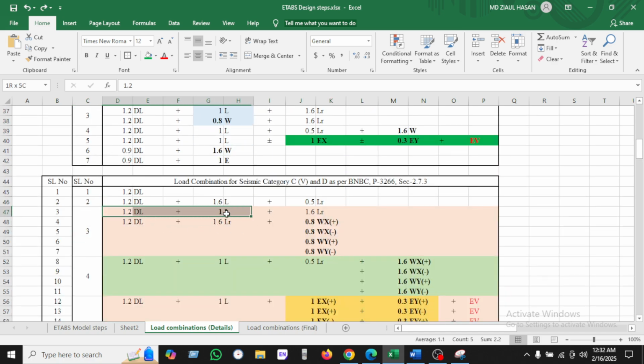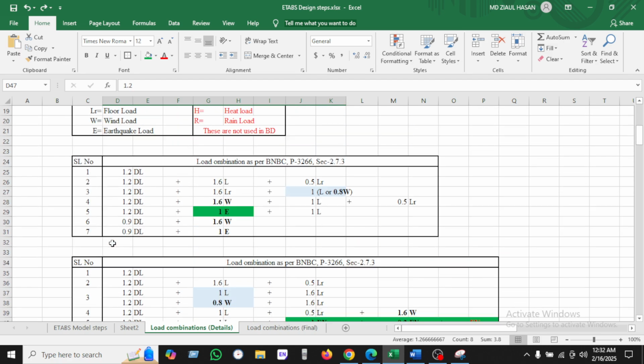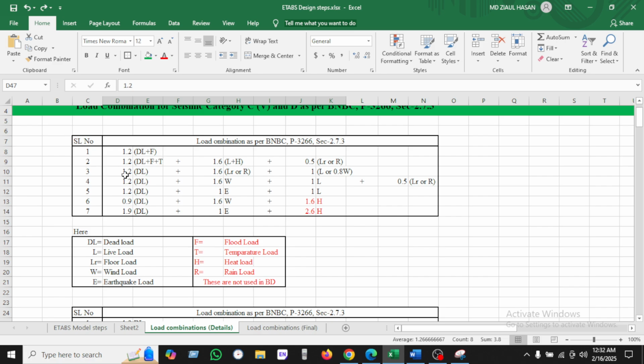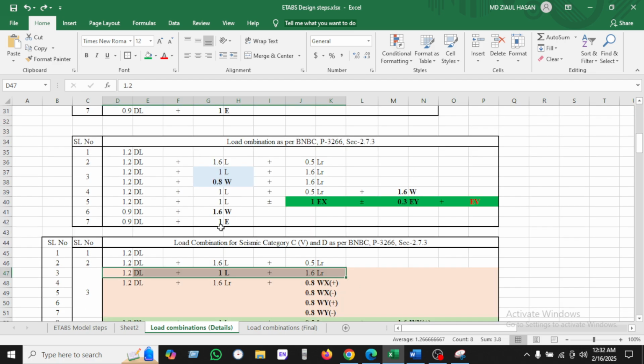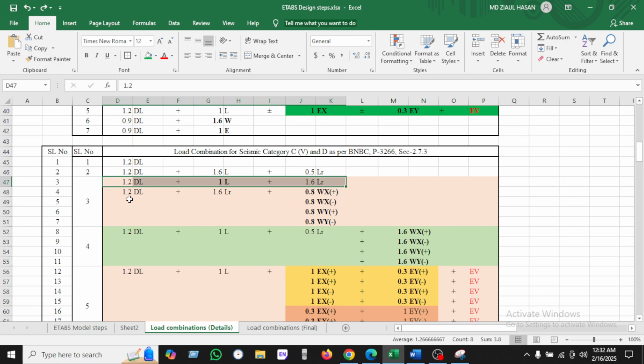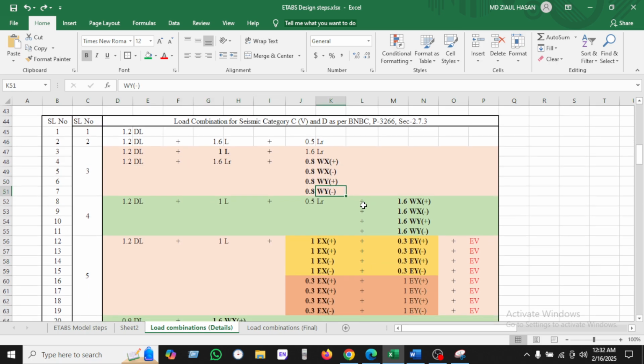Then 1.2 dead load, live load and 1.6 roof load, as it is coming from combination 3. Another we have seen here is 1.2 dead load, 1.6 live load, and we are taking the earthquake wind in two directions, positive and negative.